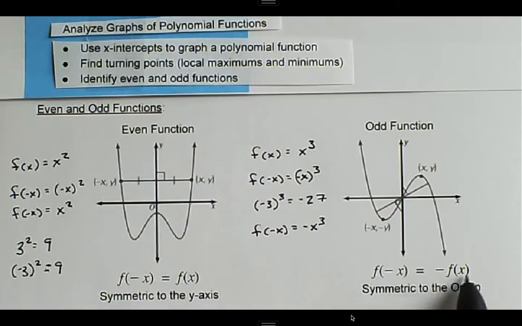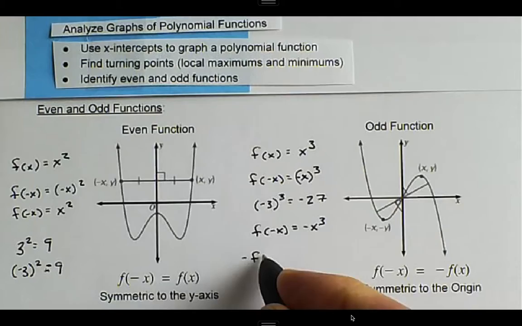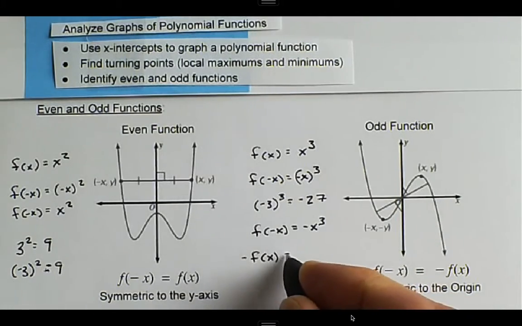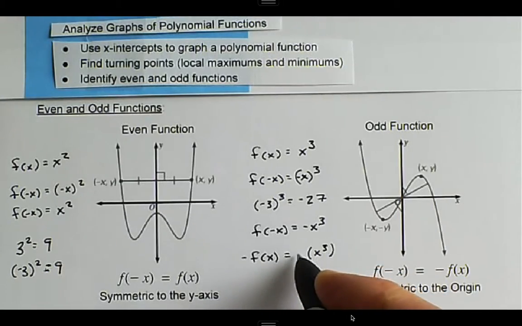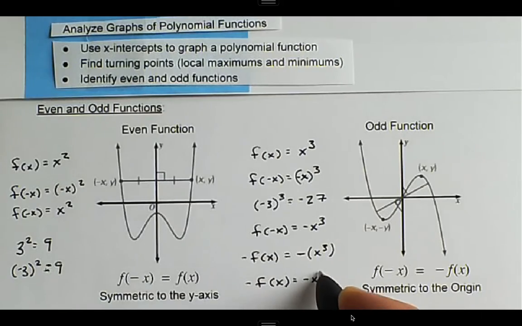Now, if we negate the entire function, what does that mean? So negative f of x is equal to, well, we take the whole function, which is x cubed, and we negate it. So when we distribute that negative sign in, we get negative f of x is equal to negative x cubed.